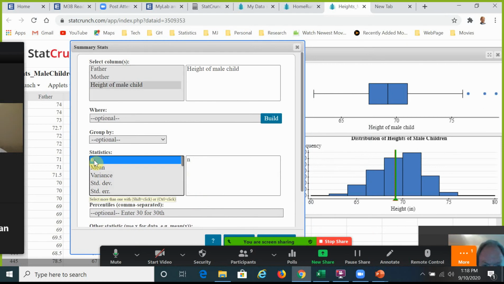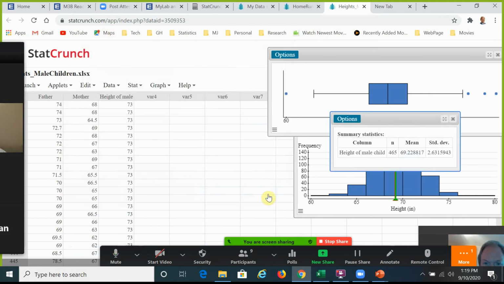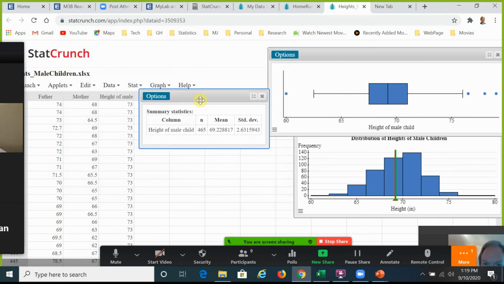I'm going to click on the sample size. That's usually a good thing to have. I'm going to hold the control button and click mean, and while holding the control button, click the standard deviation. These commands are also shown in the summary videos. And there we are.